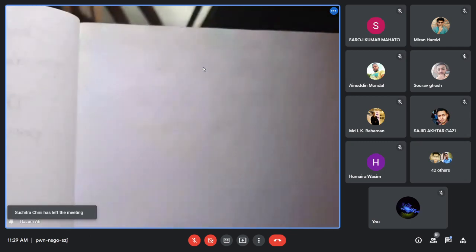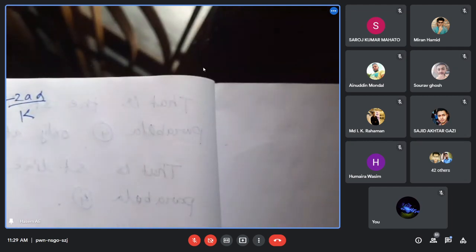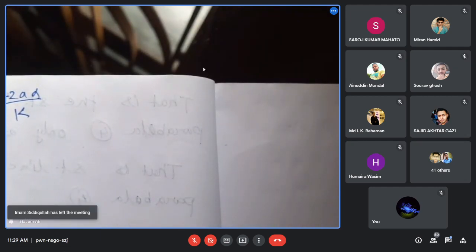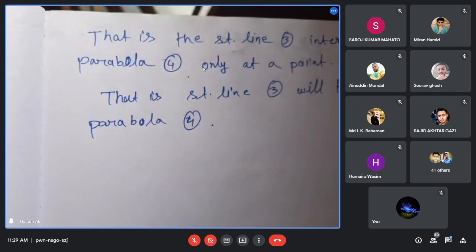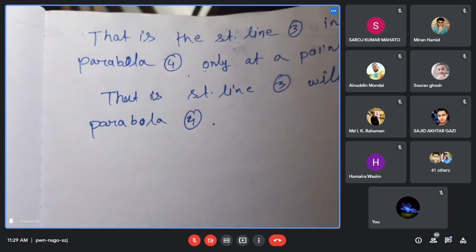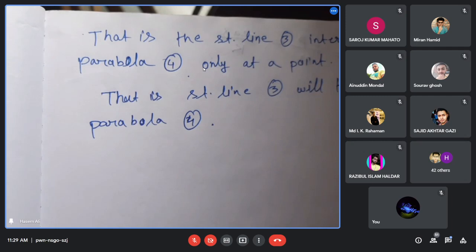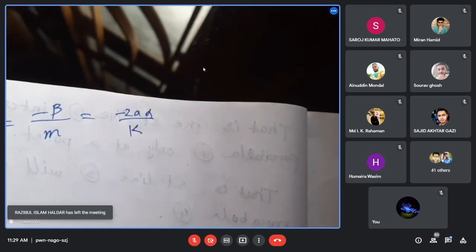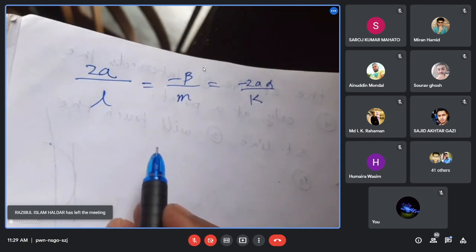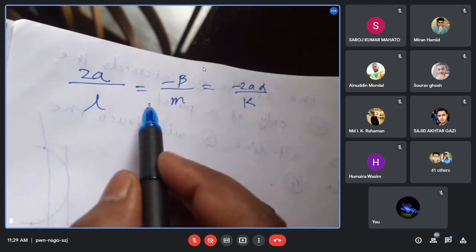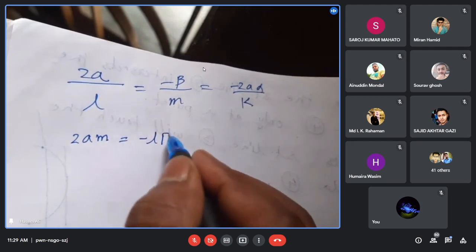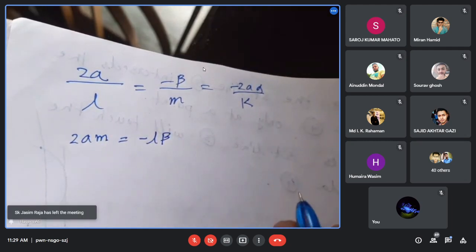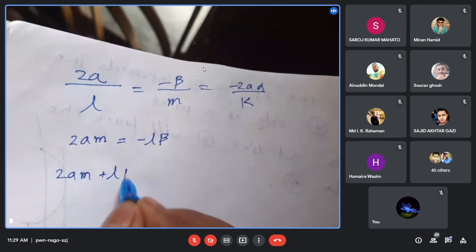Therefore, 2am equals minus l beta. That means 2am plus l beta equals 0.